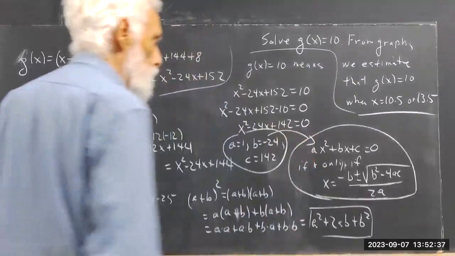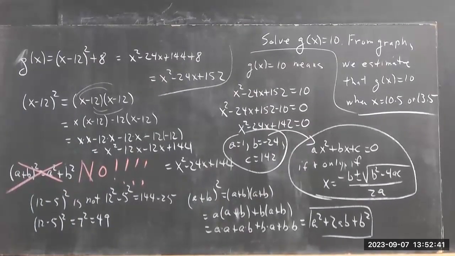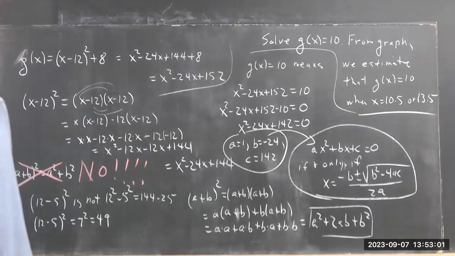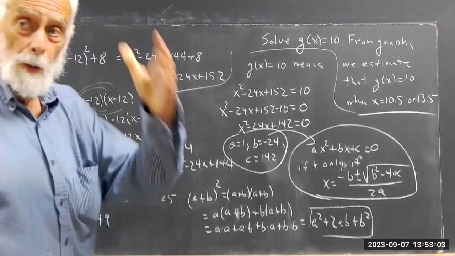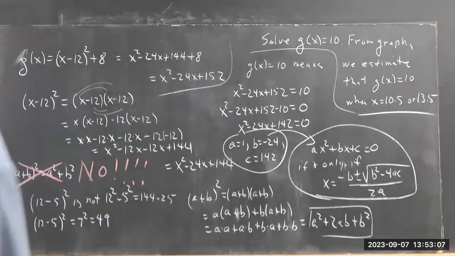We plug it into the formula and we get 2 numbers, one for the plus, one for the minus. Those numbers I claim are going to be reasonably close to 13.5 and 10.5. Well, reasonably close, it might be 13.2 or 13.8, whatever. Could be off by that 0.5. That's just a ballpark the way my graph looked. It wasn't a precisely drawn graph.